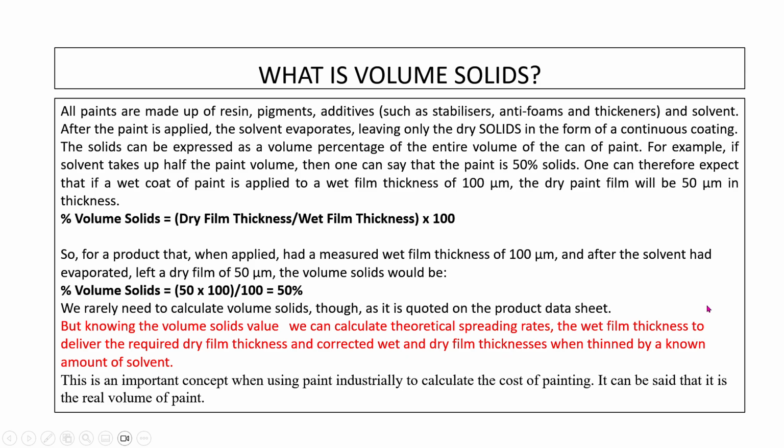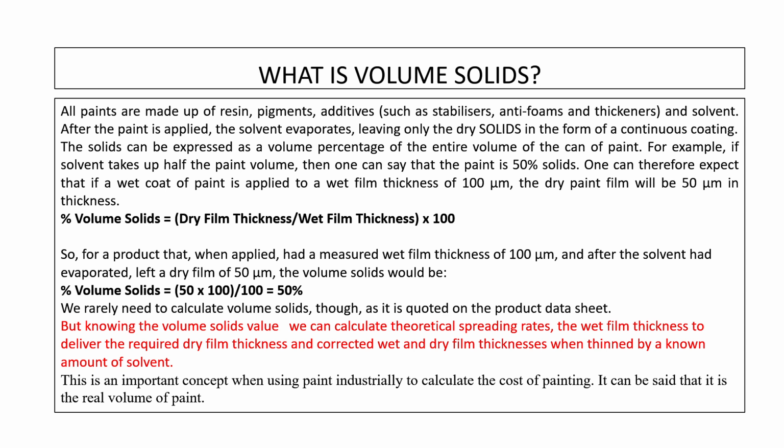Wet film thickness, WFT, to deliver the required dry film thickness: if we know the volume solids, then we can work out the dry film thickness. If you know the dry film thickness, then you can calculate your wet film thickness.